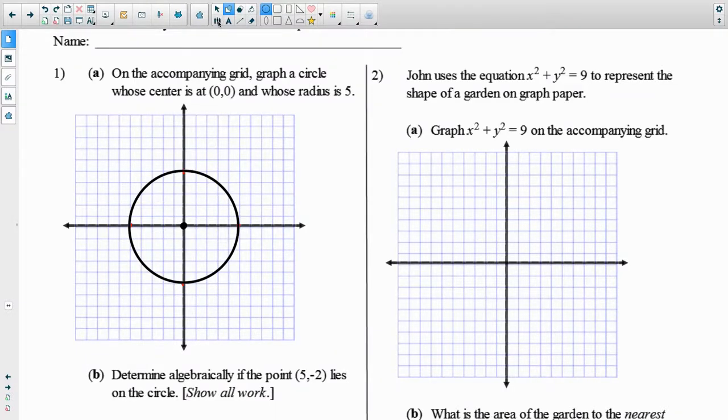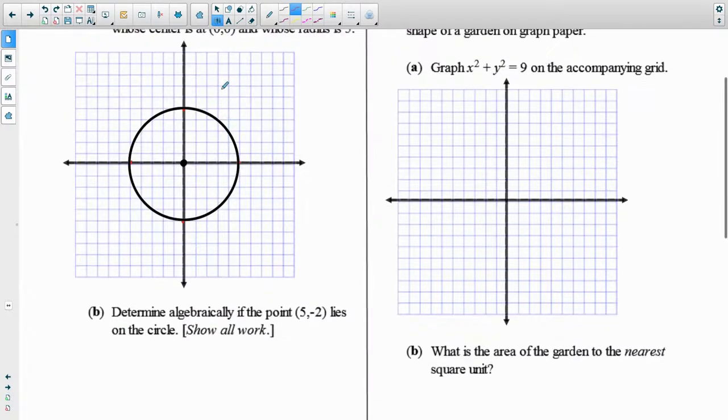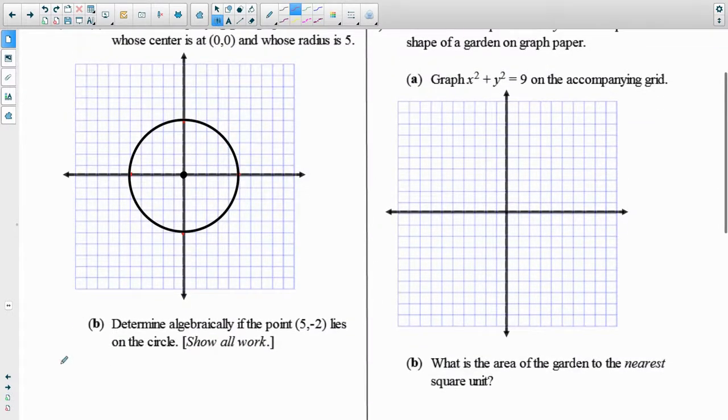Now, if I wanted to write the equation for this circle, I'm going to come down here. Well, it has a center of 0, 0 and a radius of 5. Well, we just learned that all circles that have a center of 0, 0 all start exactly the same way.